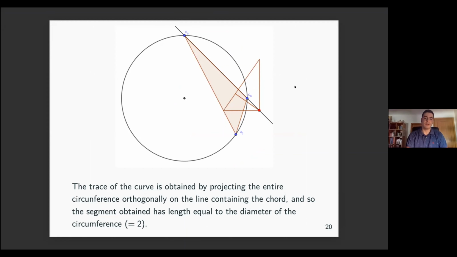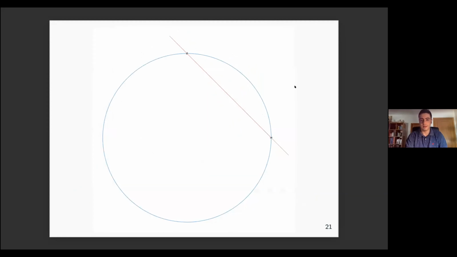And the whole curve is obtained by projecting the circumference onto that line. And so the segment we obtain will have a length equal to the diameter of the circumference, which is 2. And here it is, the segment.